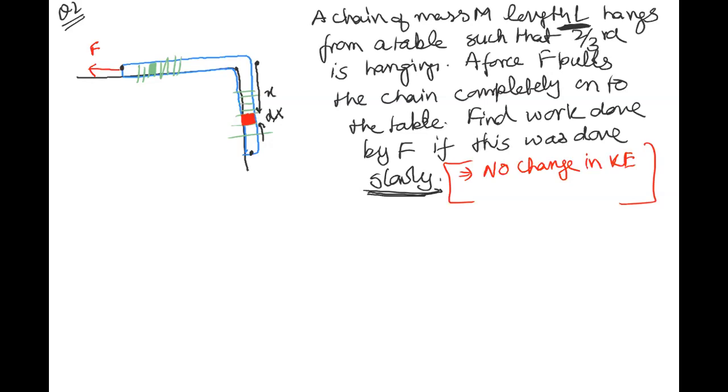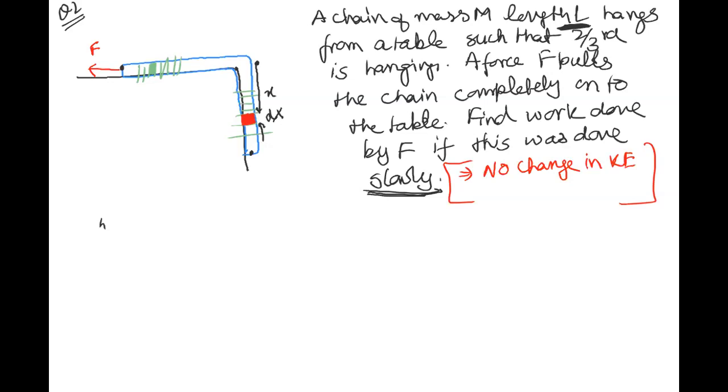So, just like that guy Arjun, I can only see the red dot. And I want to find out the work done by the earth on the red dot in this whole process where the chain is pulled down.